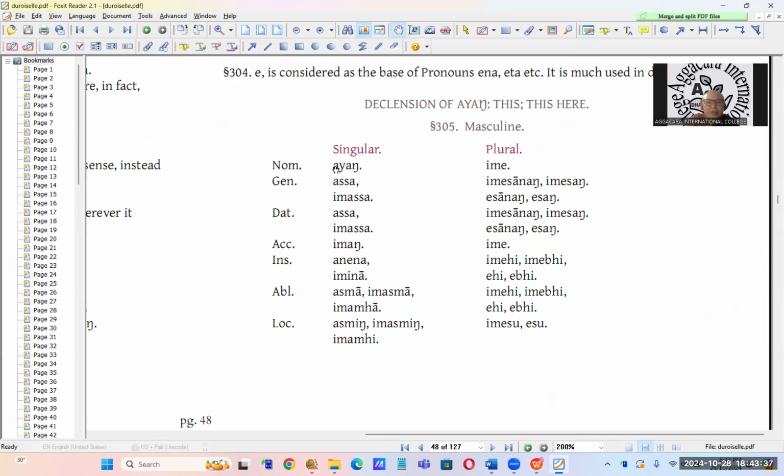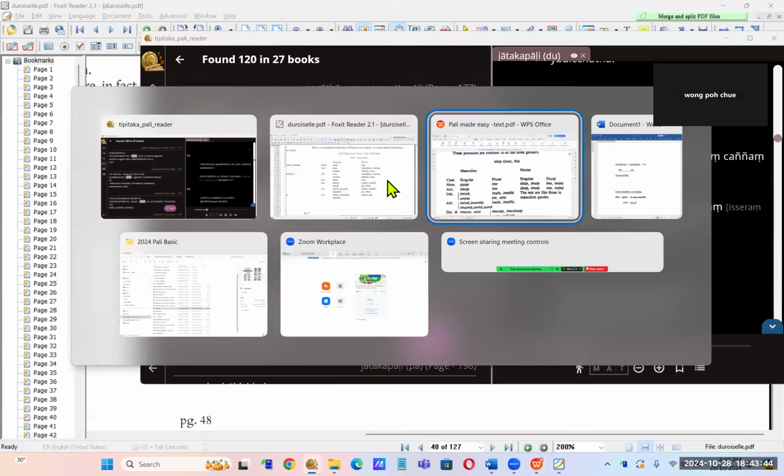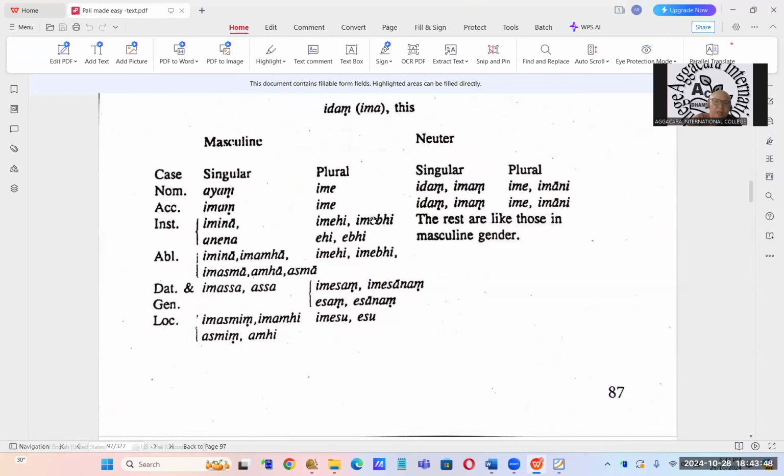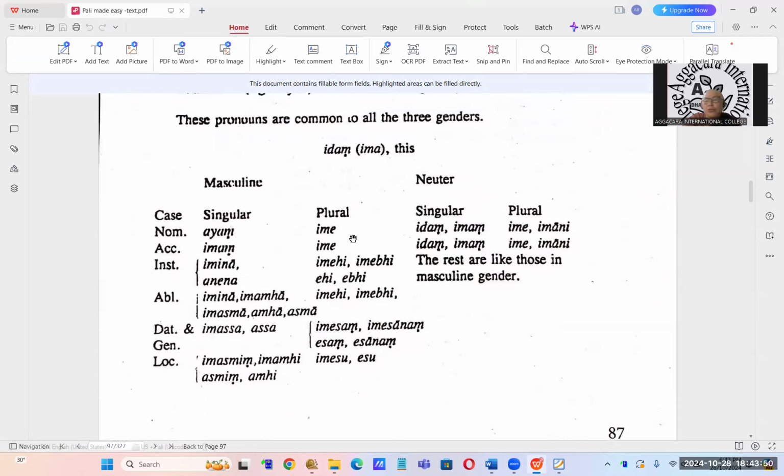But this ayam refers to those starting with A, and the Duracell arranges singular and plural differently. So the best way is to combine the information from both books and come up with your own table, because looking at it here, it's very messy.